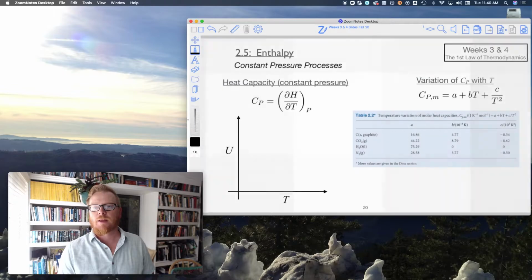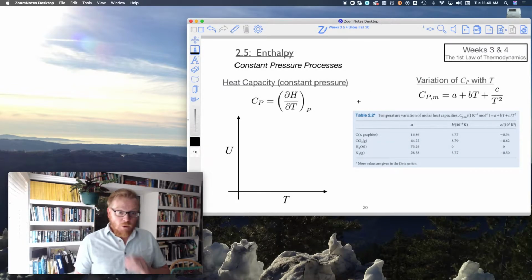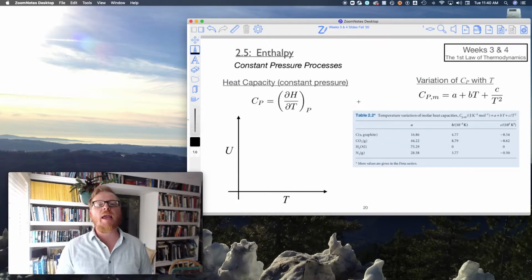Okay, so I'm going to go back to changing color, and let's move on to the next slide, okay? And so now we can begin to talk about the same processes we talked about before with constant volume, but rather at constant pressure, okay?